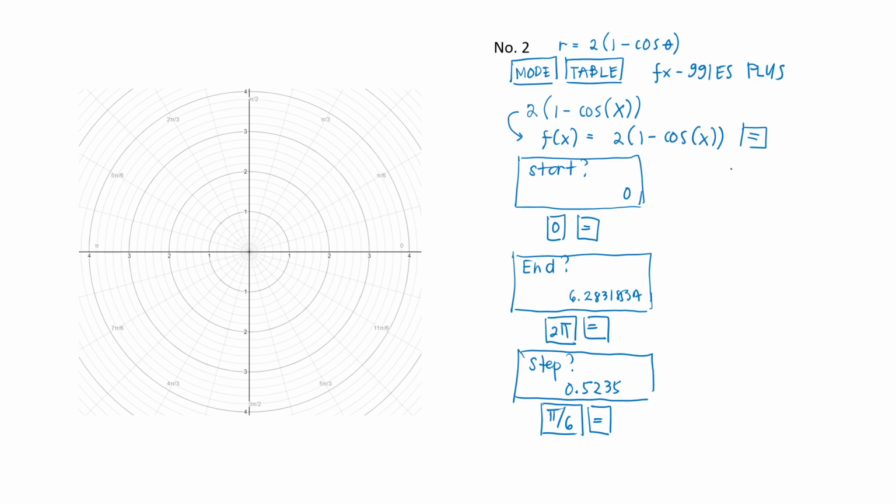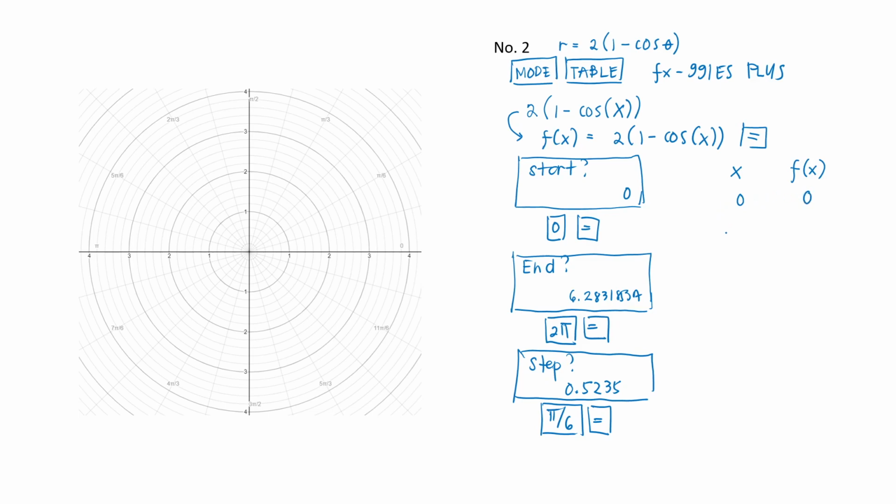Right, so after pressing the equal sign, we're going to have the table now. So x on the first column, then the second column is f of x. Starting with 0, that will be 0 also.